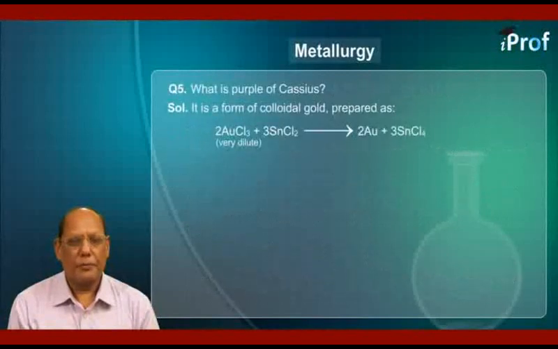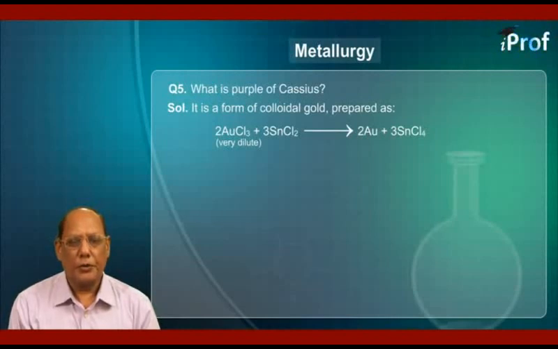Question number 5. What is purple of Cassius? Its answer is, it is a form of colloidal gold, and that is prepared as follows. A very dilute solution of auric chloride, 2AuCl3, is taken, plus 3SnCl2.